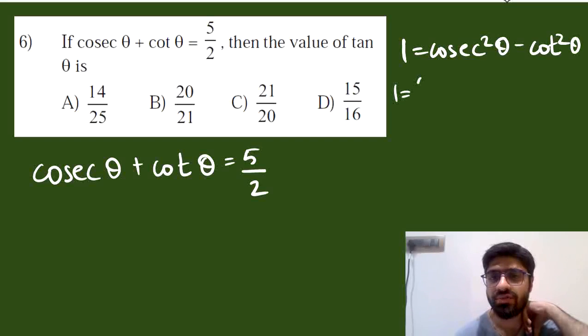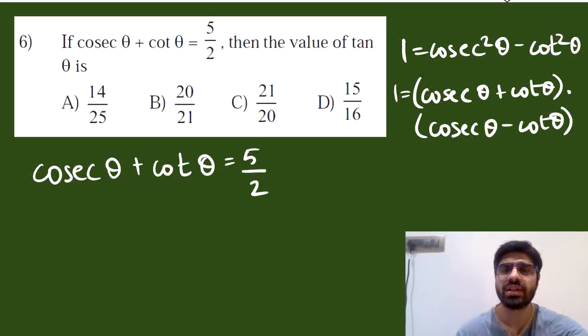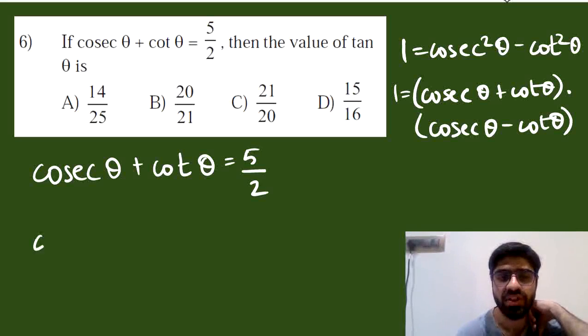So on the right you have cosec theta plus cot theta into cosec theta minus cot theta equal to 1. So whether you take cosec theta plus cot theta on the left or cosec theta minus cot theta on the left, you will realize that they are reciprocals of each other.